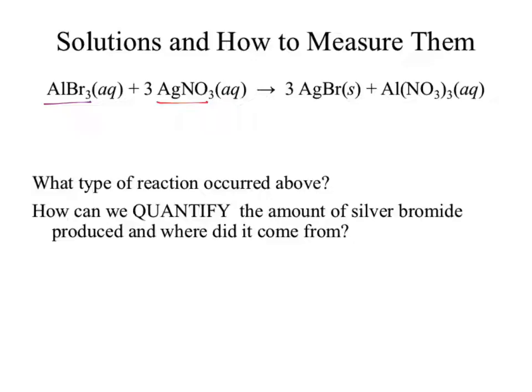How do I quantify the silver nitrate that I started with? Well, how do we quantify the silver bromide? Mass. So why don't we quantify the mass of silver nitrate we start with? It's a solution. What is the issue with it being a solution? If I take the mass, am I getting the mass of silver nitrate?